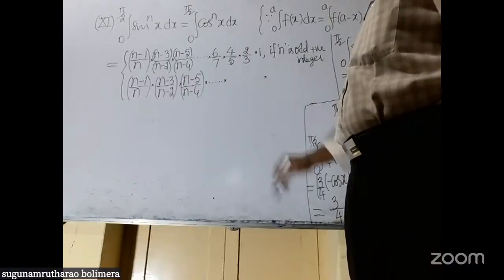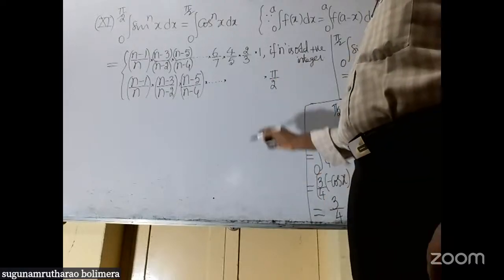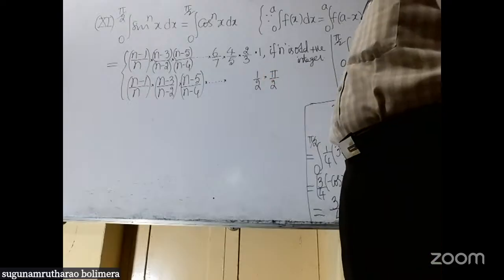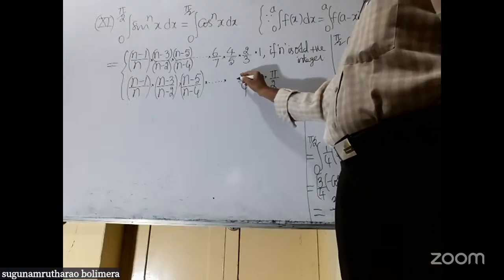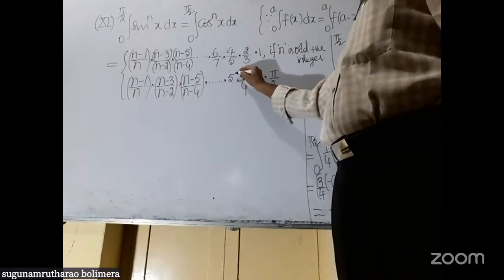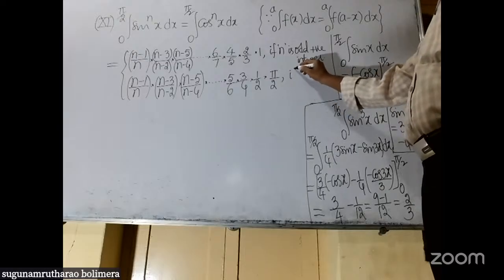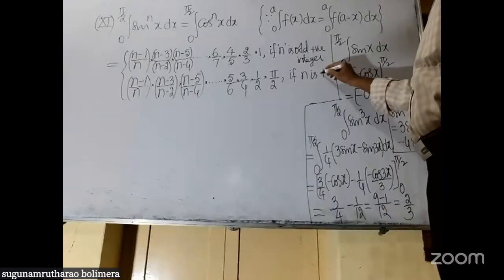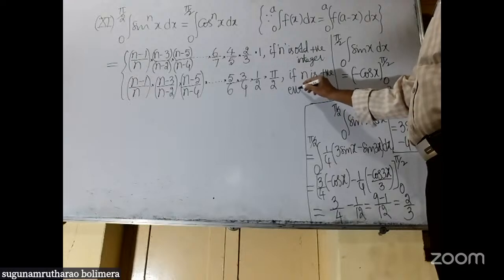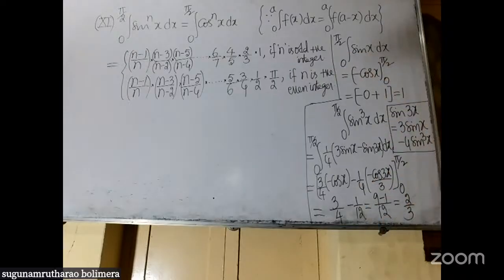The last one will be 5 by 6, and before that 3 by 4, and before that 1 by 2, and so on, if n is a positive even integer. Very simple.